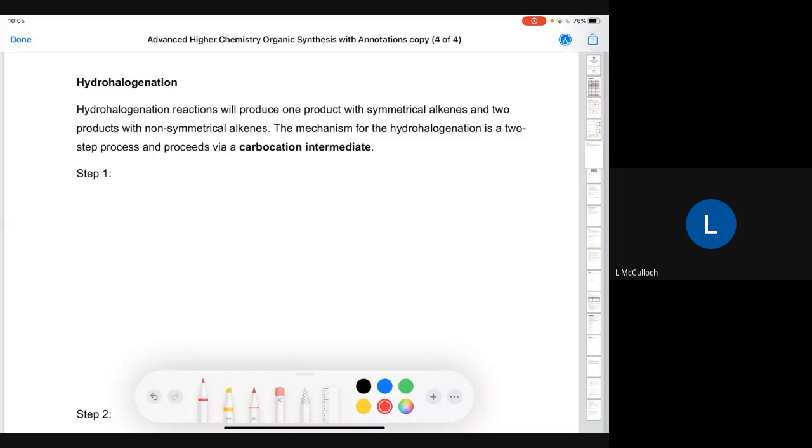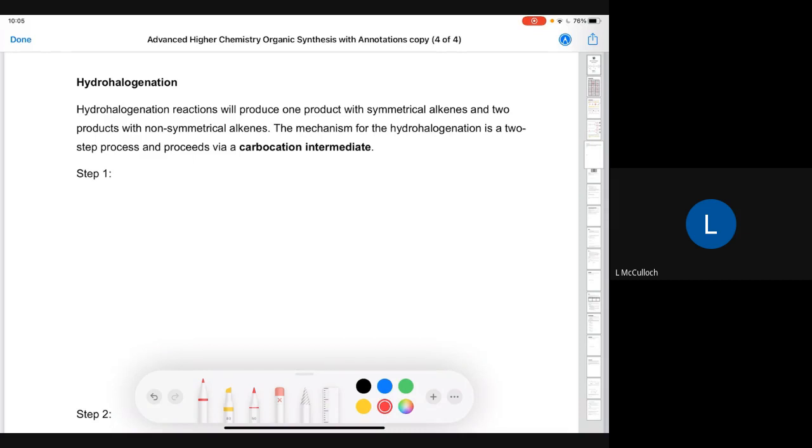So what I'm going to do is draw out an alkene and a hydrohalogen, and we are going to look at the mechanism for how we get our carbocation intermediate, because ultimately what we do in step 1 is we generate the carbocation intermediate.